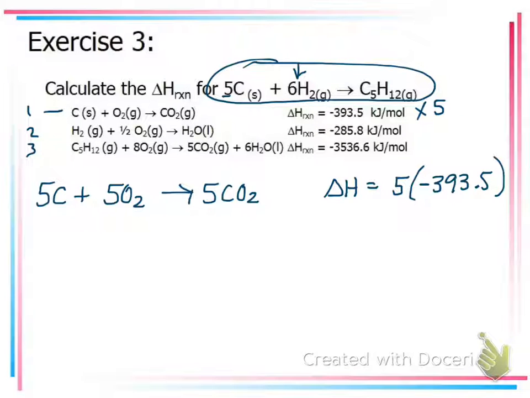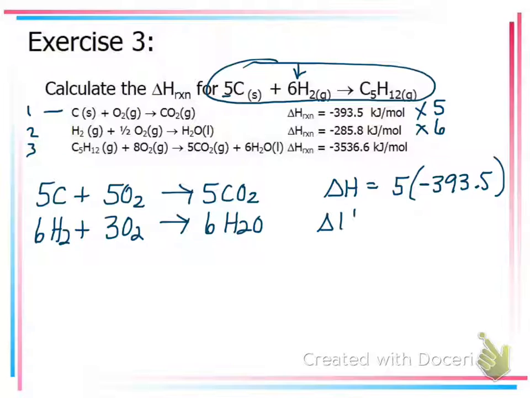So I know that I'm going to need to multiply number 2 by 6. So now it's 6 hydrogen plus, when I do 6 times a half, I get 3 oxygen, and that's going to go to 6 water. Same thing, I need to multiply delta H by 6, but I do not change the sign because I don't need to reverse it.